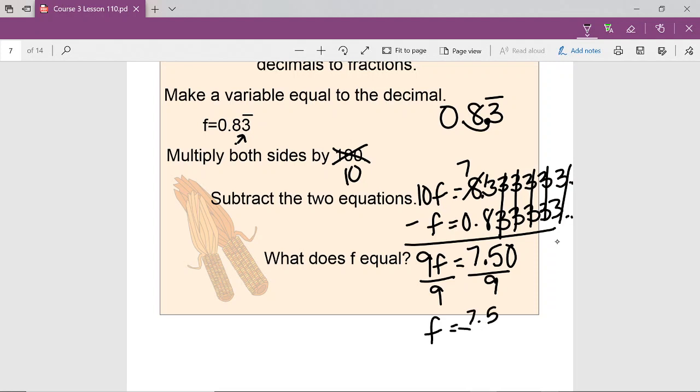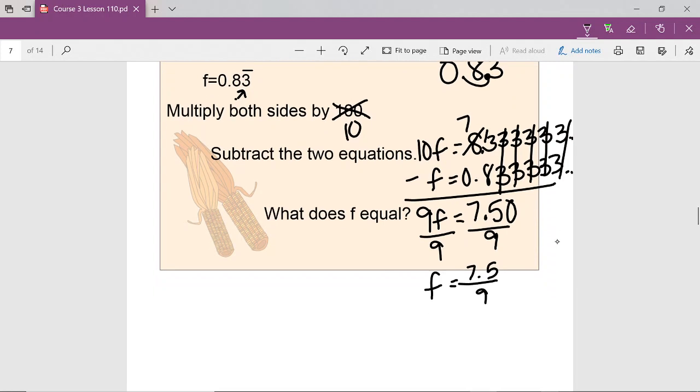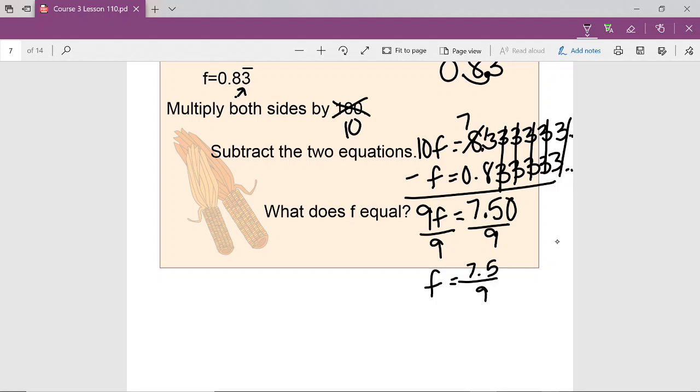But I don't like to leave decimals, no mathematician does, in a fraction. There are very few opportunities for that. So I'm going to get rid of that decimal by multiplying each of these by 2, and I would get some whole numbers, like 15 over 18. That's an equivalent fraction, totally allowed to do that. And then I can reduce from there to 5/6.